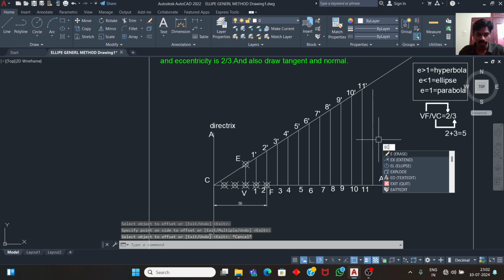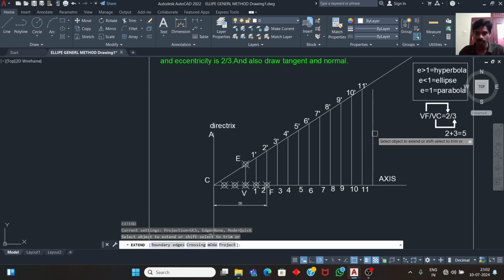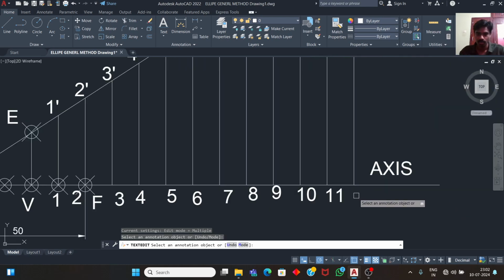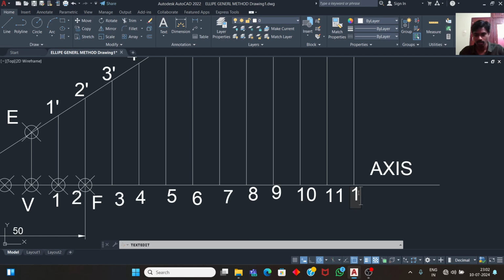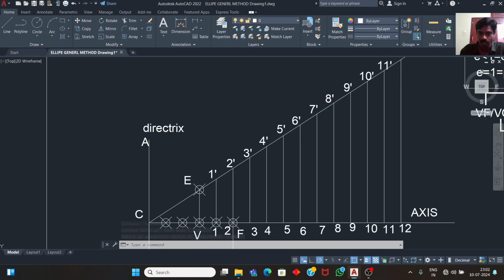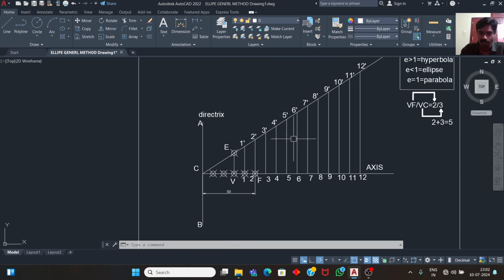I want another line, which is 12. So I have taken 12 lines.